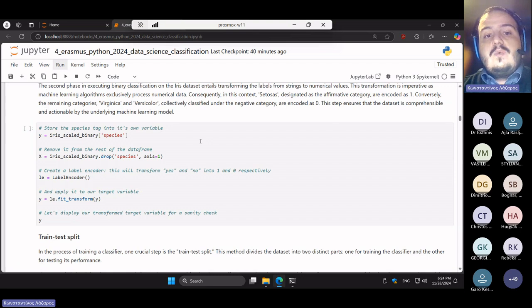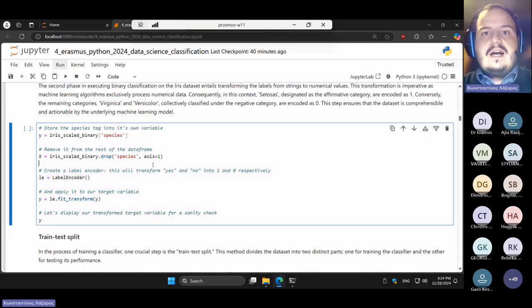And there are many ways to do this, of course. We could be using a dictionary, as we've seen yesterday and the day before yesterday, in order to create some sort of mapping, as we actually did for the correlation heat map. Or we can use a label encoder, which will pretty much do things automatically for us. So we actually have many different options when it comes to converting textual data or variables into numbers.